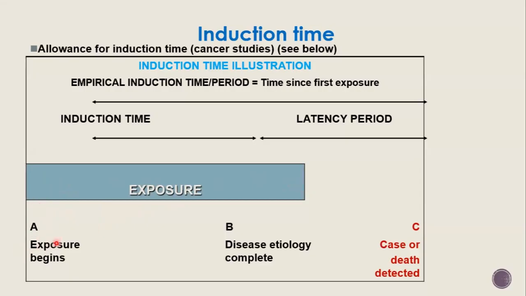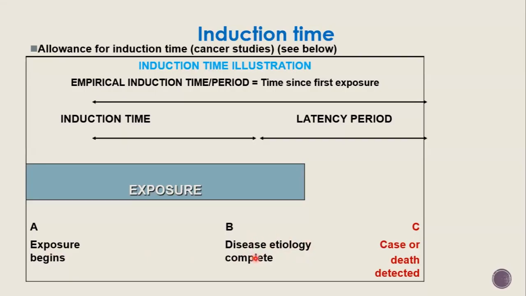So the exposure begins at A, and at B, and we're talking about a typical disease, the etiology will be completed. And then at C, a case of disease could be diagnosed, or somebody could have died and the postmortem revealed that this is what killed the person. So A is where exposure begins. B is where disease etiology is complete.